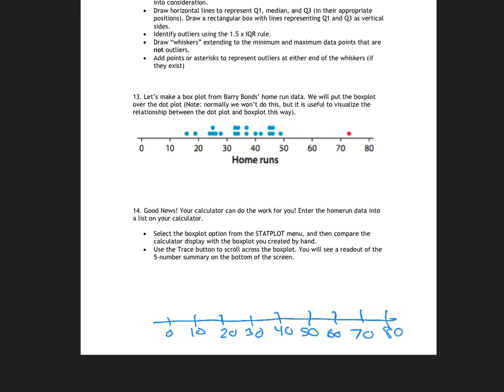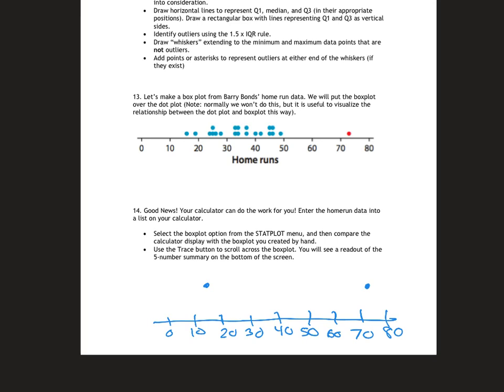All right, now the first thing, my min is going to be part of it because it's not an outlier. So my min was 16. So let's just put a little dot there for now, about here. And then my max is 73, so I'm going to put another dot there.